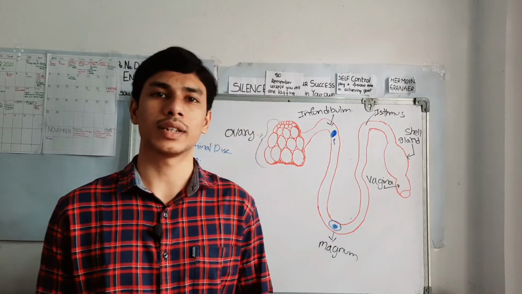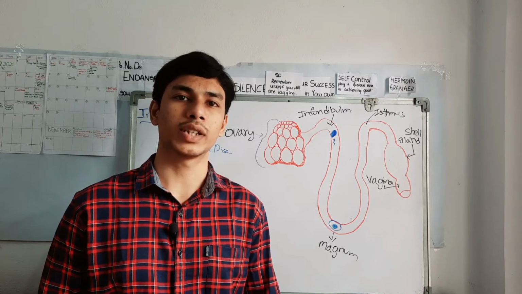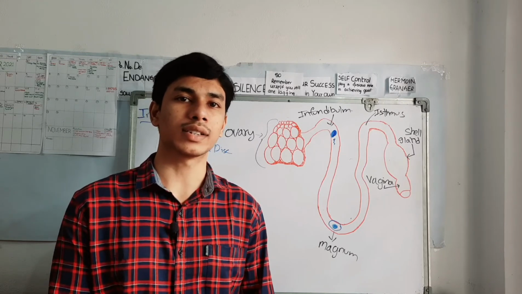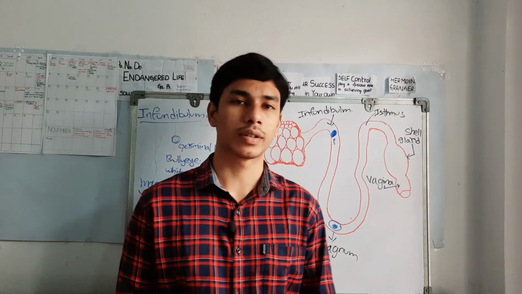In the magnum, a thick dense albumen surrounds the yolk, and the yolk rotates while moving forward in the oviduct. As a result of this rotation, chalaza is formed in front and back of the yolk.